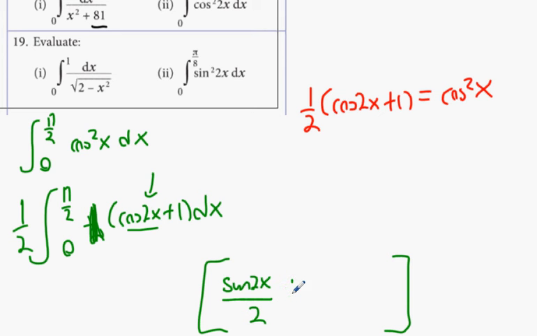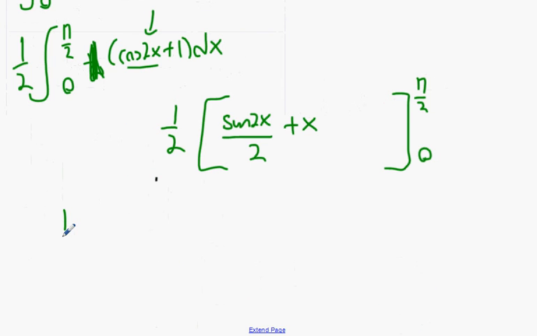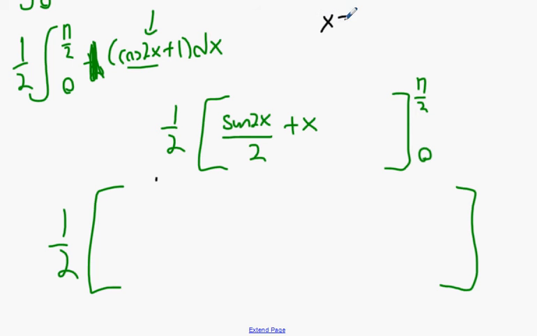Integrate 1 to get x, and there's a half outside, and that's going from pi over 2 to 0. So what you can do is leave the half to the very end and open up a massive set of brackets, or you can multiply in the 2 right away. It doesn't matter. So if x equals pi over 2, what's 2x?